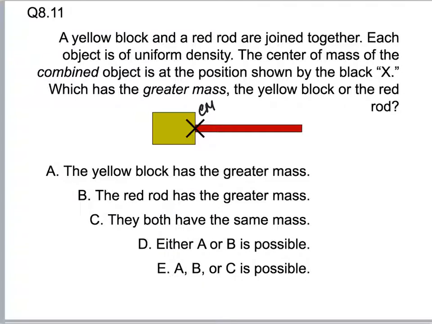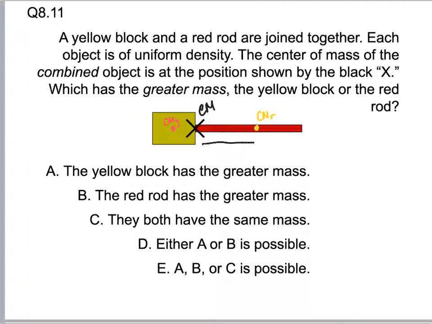For the yellow block, you would write its position by saying where its center of mass is. The center of mass of the yellow block is right here, and the center of mass of the red rod is right here. The red rod is more extended, and it's supposed to be in the middle, so just pretend it's in the middle.